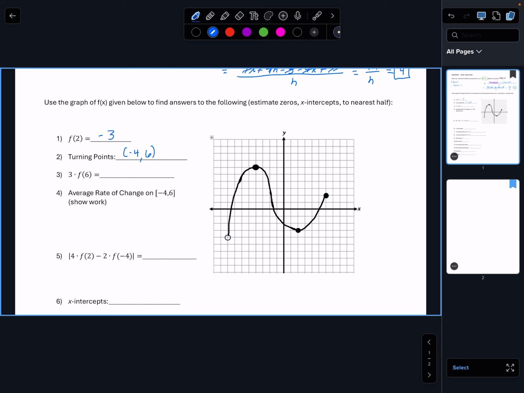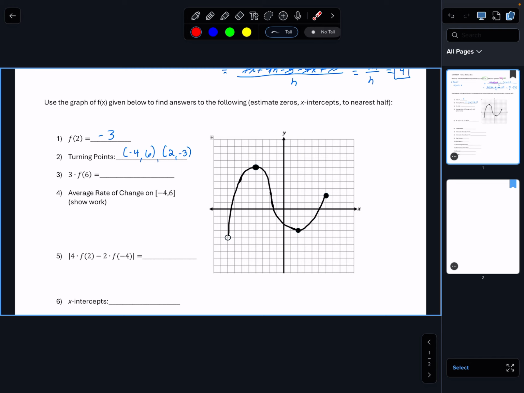And for points, we just put commas between. We don't do union symbols. We use the union symbols on intervals where it's increasing, decreasing, positive, negative. For ordered x, y pairs, we're just going to put a comma. Then we have a turning point right here, which is at (2, -3). And that's it. Those are my two turning points.